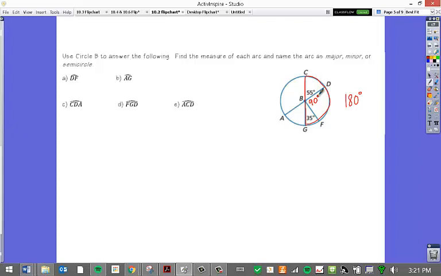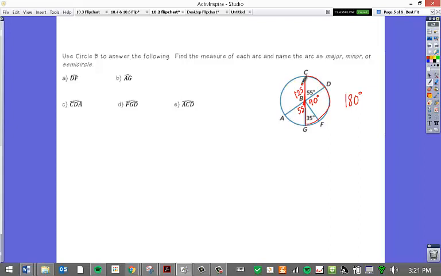And then these are vertical angles, so this is 55 degrees. And then these are supplementary. They form a linear pair, so you're going to do 180 minus 55, which is 125 degrees.